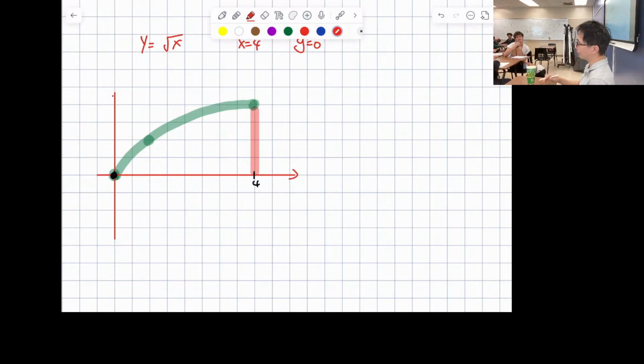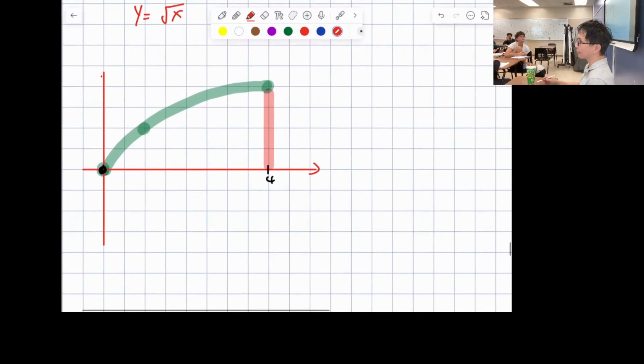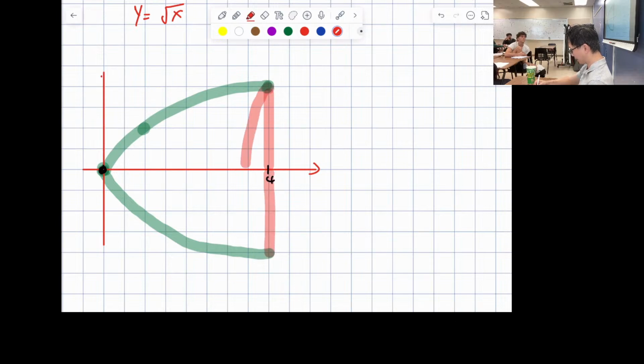Okay, so Fiona was right. Fiona says, hey, what if I take this graph and rotate it around the x-axis? What happens when they rotate? It's going to create something like this, and like this, and like this.